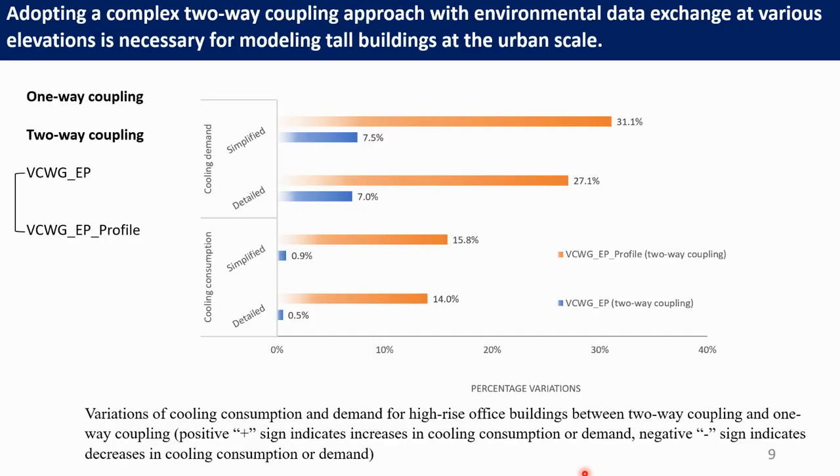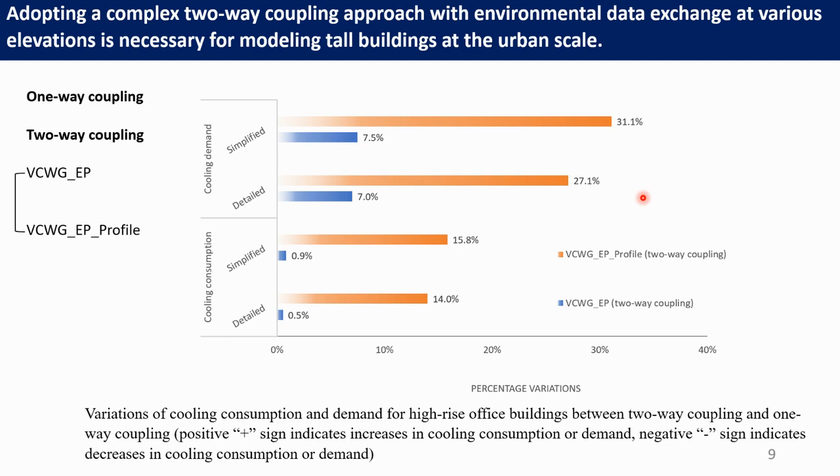This is the figure showing the comparison among different coupling results. In this case, we're looking at the high-rise office building, our 20-story building. Again, we have simplified and detailed models for cooling consumption as well as cooling demand. What's shown here on the orange bar is the VCWG and EP profile.